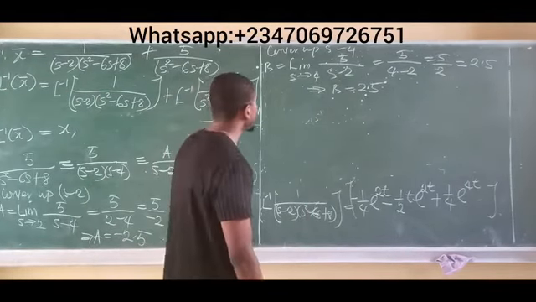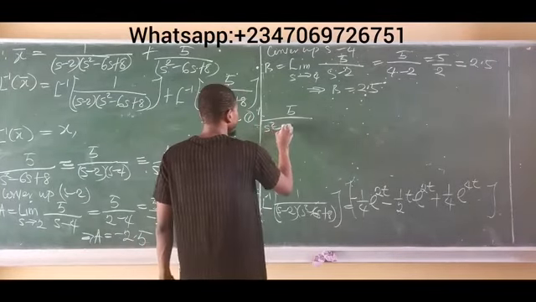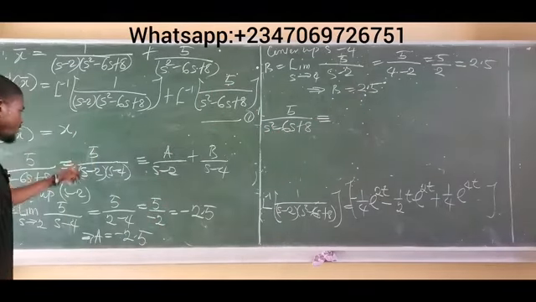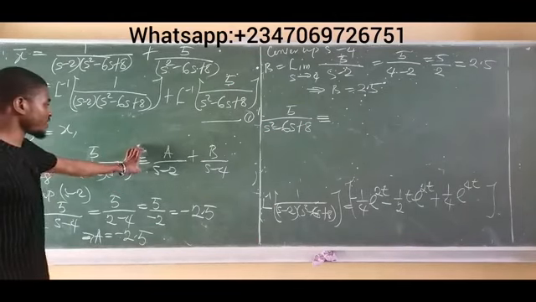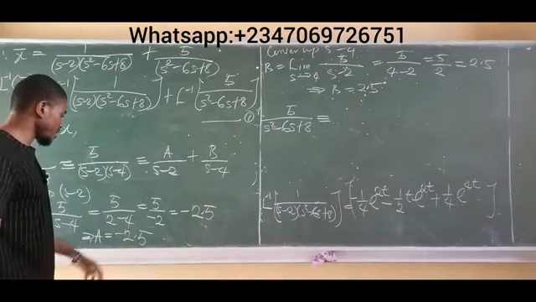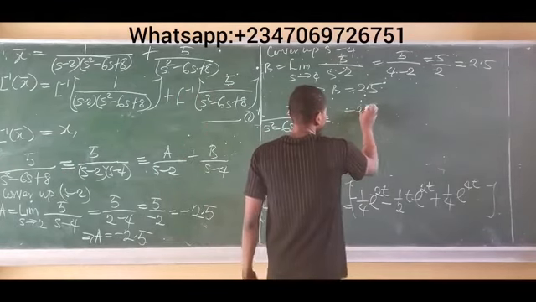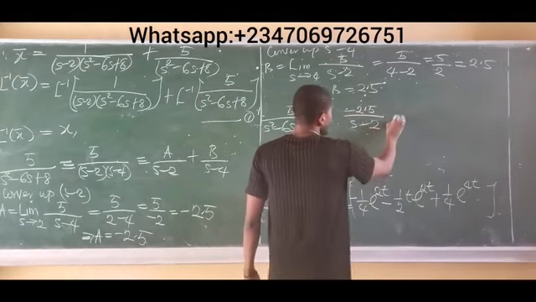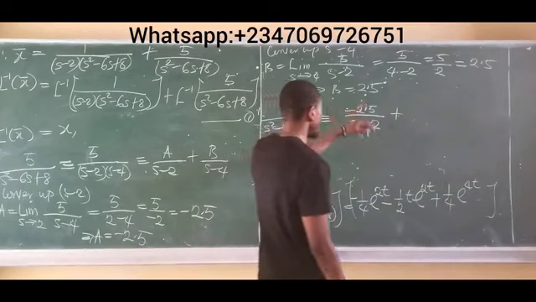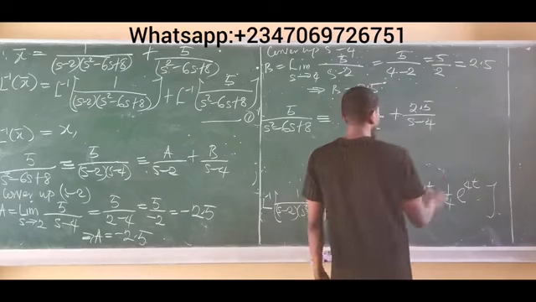Alright, so having found this now, the compound fraction 5 all over x squared minus 6x plus 8 is equivalent to 5 over x minus 2 times x minus 4, which is equivalent to A all over x minus 2 plus B over x minus 4. Now we know the value of A is minus 2.5, and B is equal to 2.5. So this is now equivalent to minus 2.5 all over x minus 2 plus 2.5 all over x minus 4.